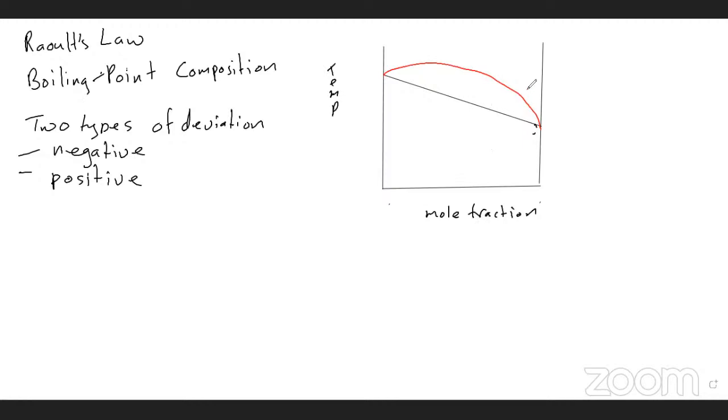This is not an explanation, it's just to give you something to memorize in case they ask. If it's the first time you're seeing this, I don't expect you to understand it. When it comes to the boiling point composition curve, ideal is the straight line. The one that curves upwards is negative deviation.